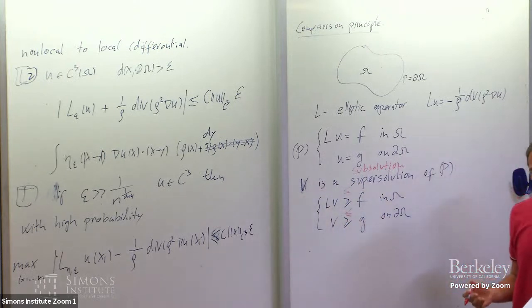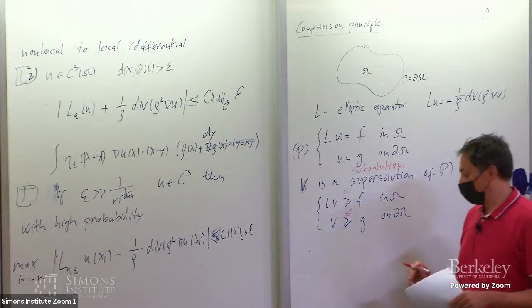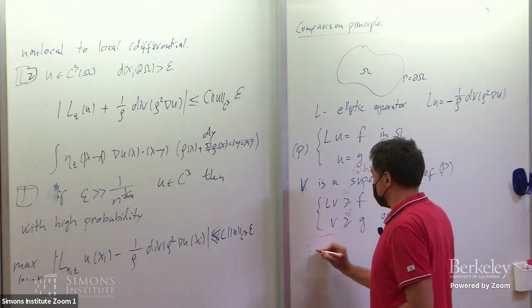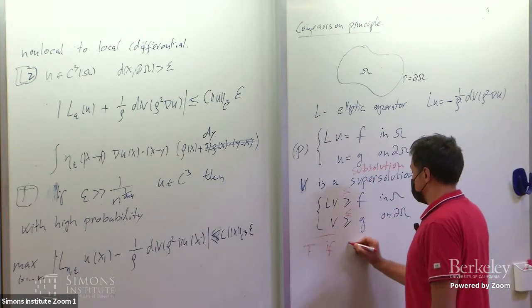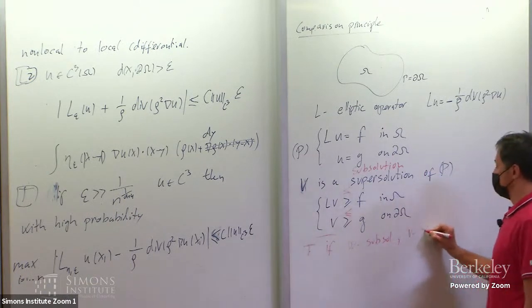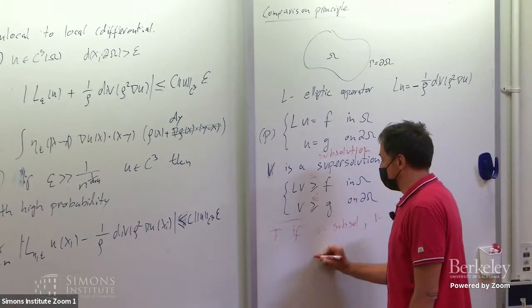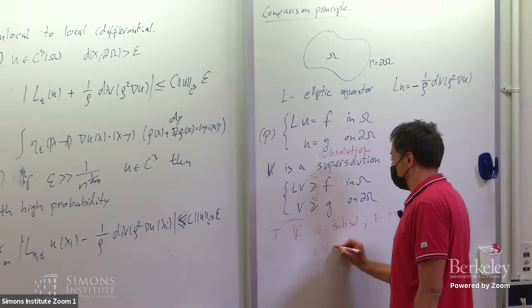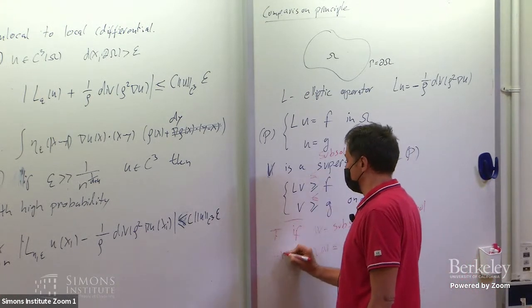Then the standard theorem that you learn in PDE 1, on which the theory of viscosity solutions is based, is that if w is a sub-solution and v is a super solution, then w of x is less or equal than v of x for all x in omega.